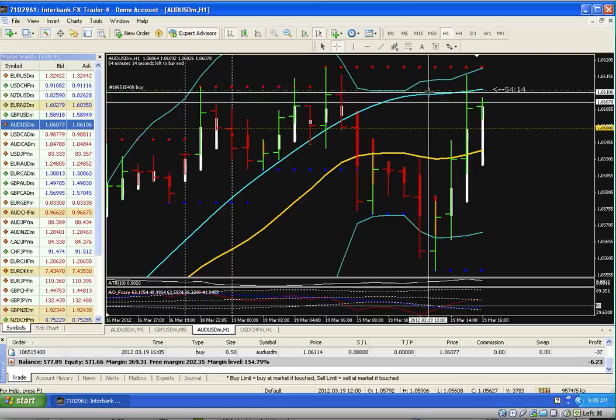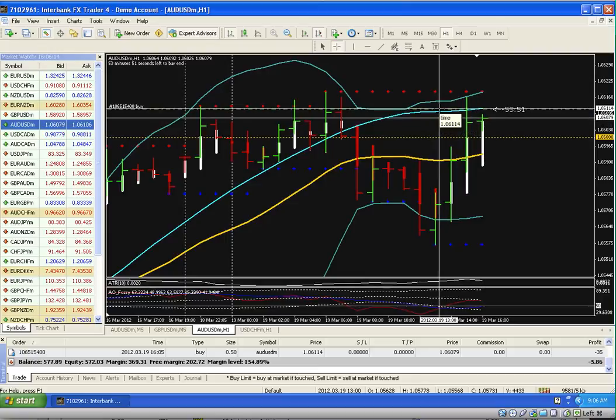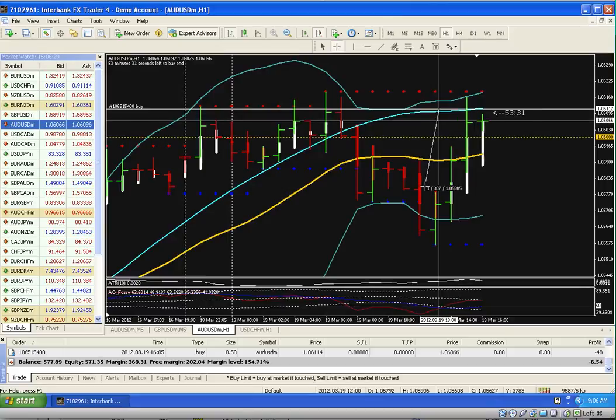Our stop loss is going to be 30, which is down here, 105.81, and our profit is 20, 106.31 and 105.80.